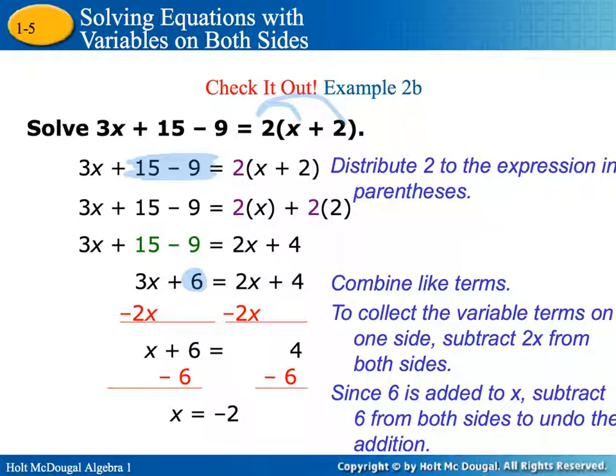Once they distributed that, they're now down here at this line. The 3x plus 6 equals 2x plus 4. So we're at this line. So now we begin our inverse operations. They're moving the 2 to the left side, and then they move the 6 to the right. And they end up with x equals -2.